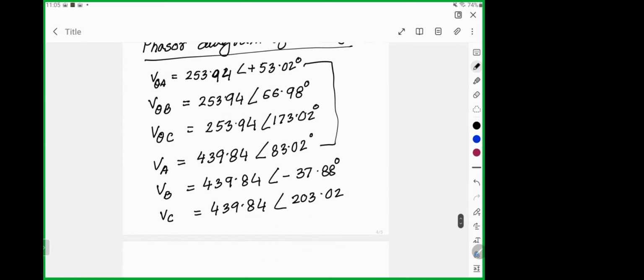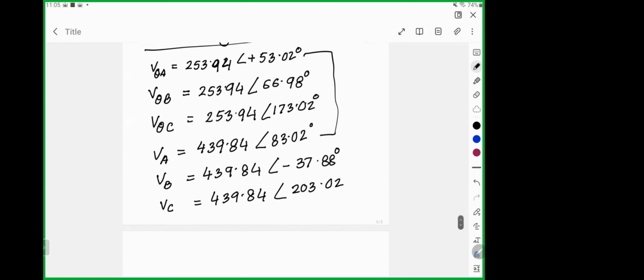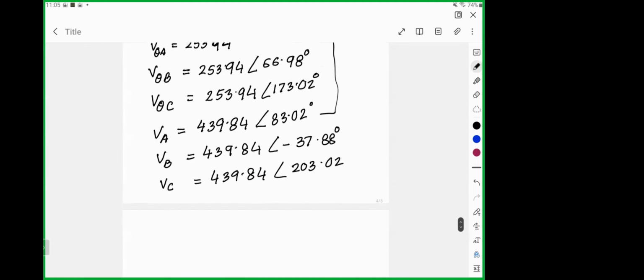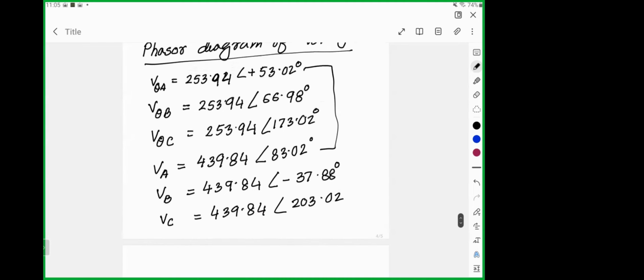Okay, so we know all the quantities. Now we need to just draw them in a diagram. All the quantities and their angles are given, so you draw it.